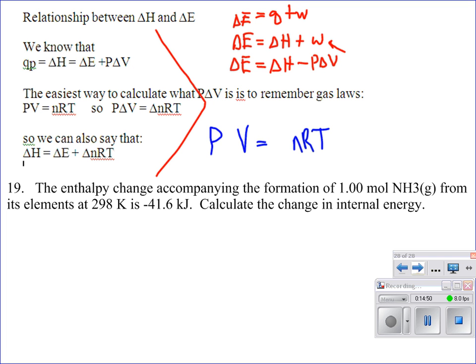So if I want to put a delta here, do you agree that if I change the volume, keeping pressure constant, I probably need to have a change in the number of moles of gas? You okay with that, conceptually? Huh, looky there. So now all I'm going to do is replace your negative P delta V with delta nRT. And there's the equation that we're going to be using.